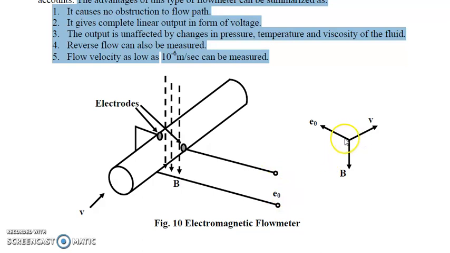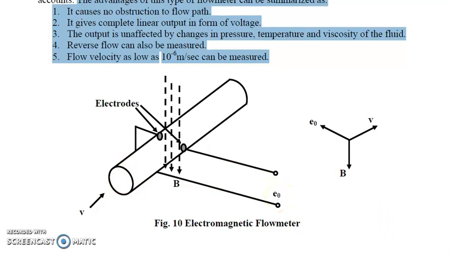And all these are at 90 degrees. They are all perpendicular to each other. All the directions of induced voltage, flux density, magnetic field, and the velocity of fluid, they are all perpendicular to each other. So by using the hand rule, we can find out the velocity of flow direction by watching the electromagnetic induced voltage.